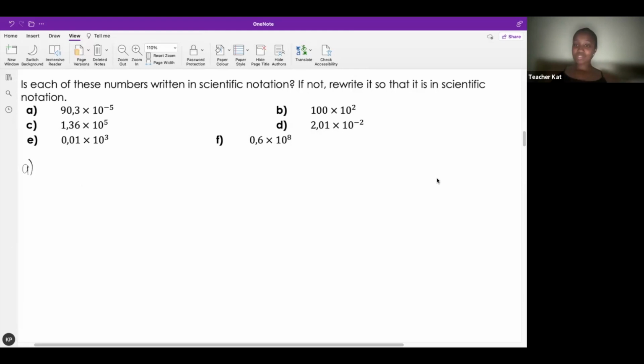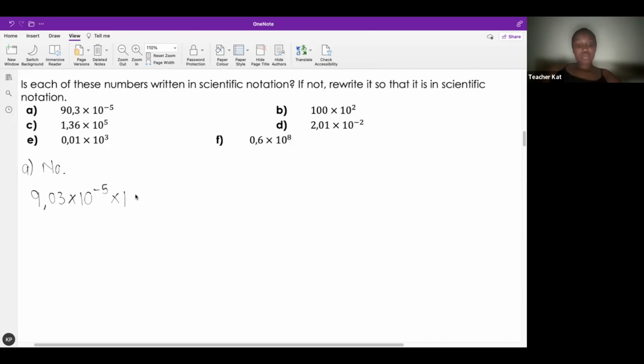Why is it not in scientific notation? Thank you. 90 is over 10. So where do we want this comma to actually be? After the 9. So it has to be, okay, I'm going to start with, no, it's not in scientific notation, okay? So it's going to be 9, comma, 0 times 10, okay, there was already 10 to the power of negative 5 there.